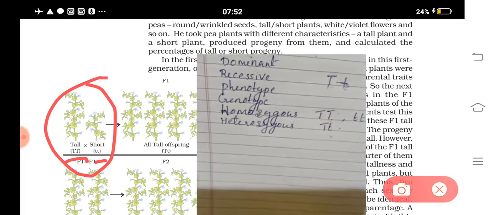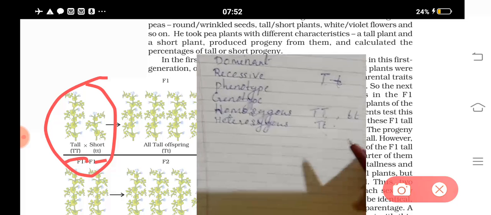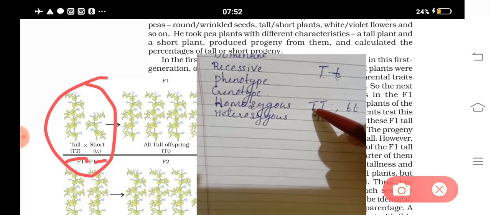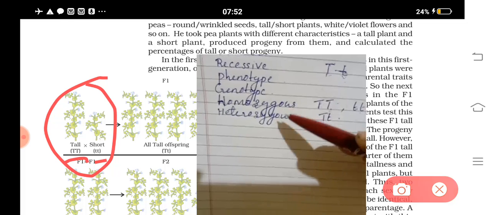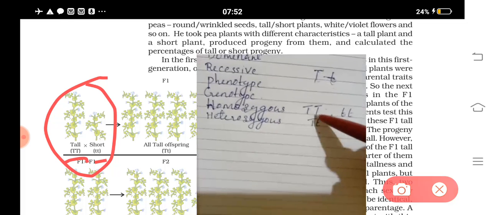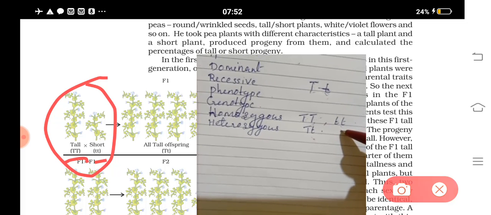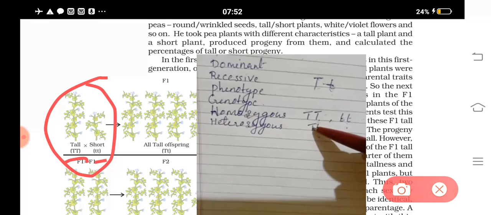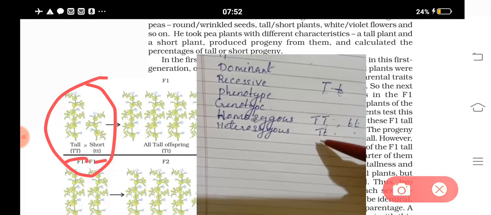Is it clear? Now, the individuals in which the same type of allele is present, for example capital T, are homozygous. Homo means same. So small t is also a homozygous condition. But in some individuals two different alleles will be there, capital T and small t.